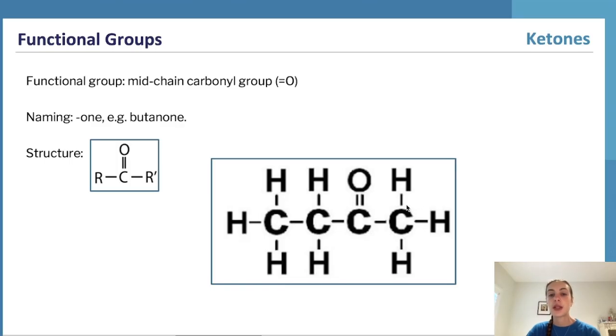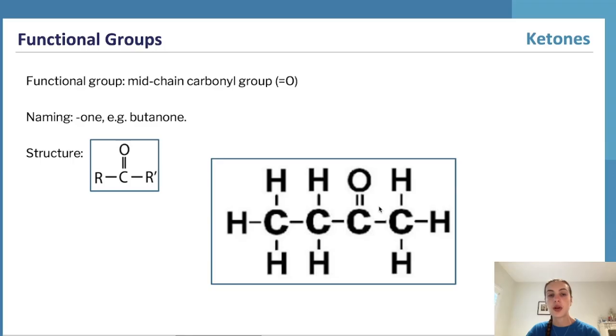If we count from this direction, we'd get 1, 2. We can't count from this direction because we get 1, 2, 3, and we always want to prefer naming with the lowest number. So this molecule would be butan-2-one, but we just name it butanone because it's always going to be butan-2-one.